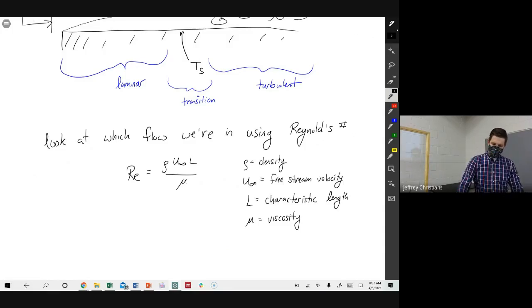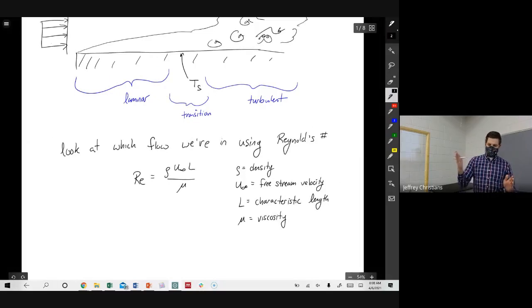We can look at basically where this transition happens by looking at the Reynolds number and what the value is at some given point. We'll see in a second how much of an effect or little of an effect that might have.